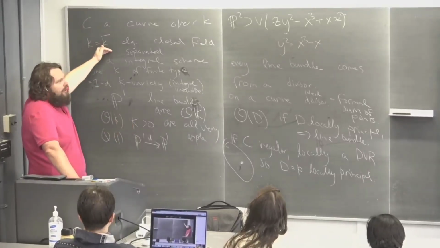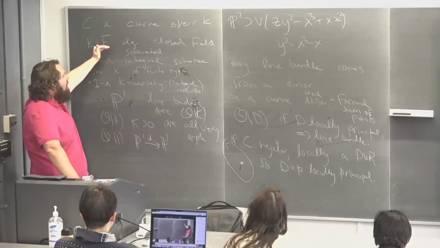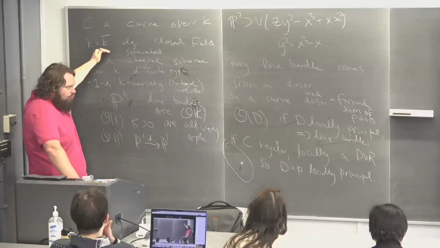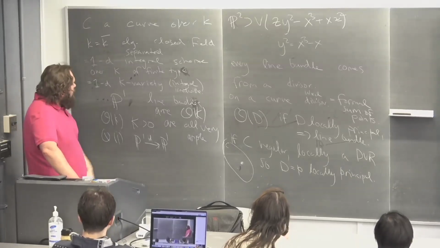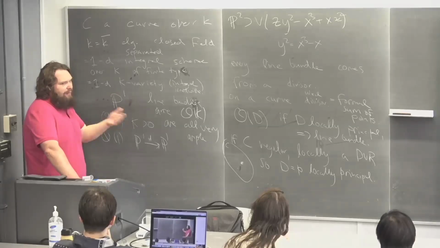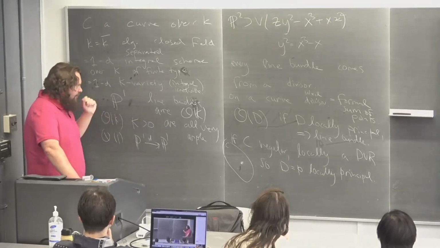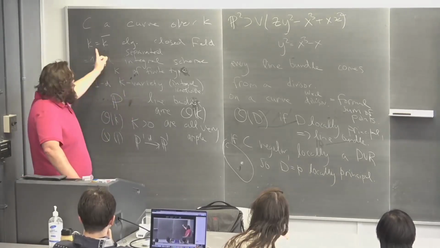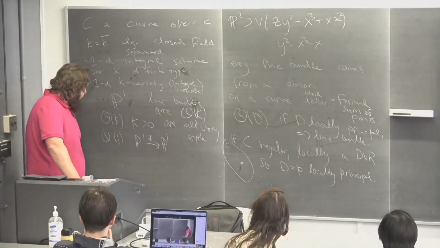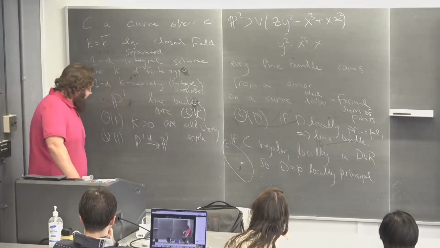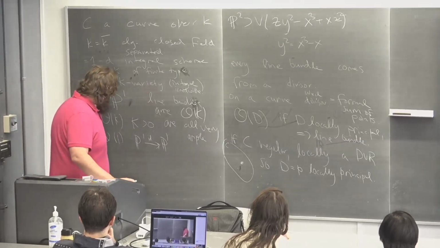And more generally, if I were working over a non-algebraically closed field, I would have to weight by the degree of the extension of the residue field. And I'm using that I'm algebraically closed, so every closed point is going to have residue field K. More generally, it would be a finite extension of K because we're finite type. Okay.